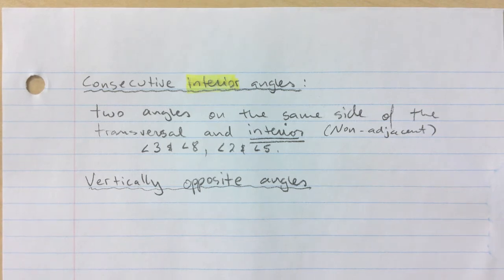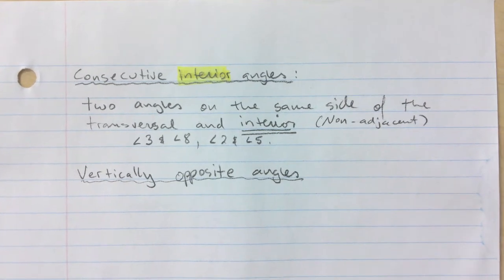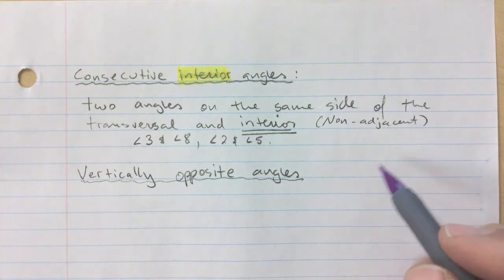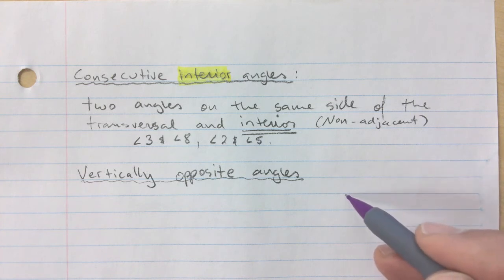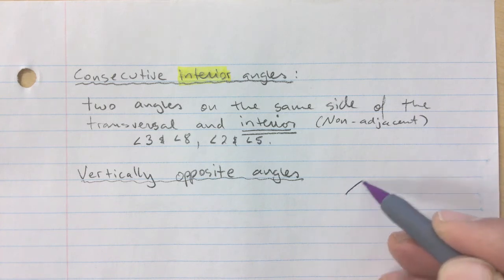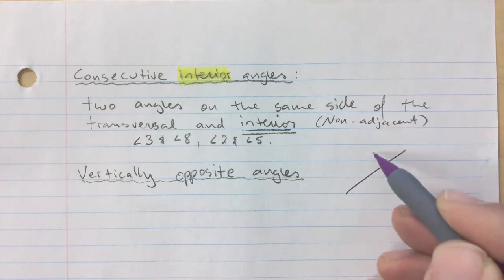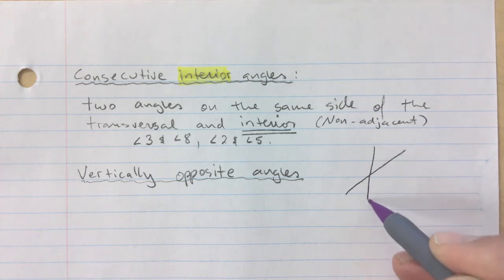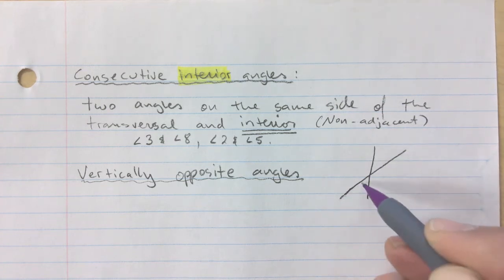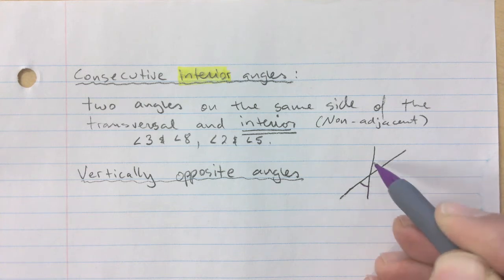I will give you just a little diagram here, and then we're going to go grab our vertically opposite angles from the diagram we just looked at. So if you have a line like this and another one crossing it like this, these two angles here would be considered vertically opposite.